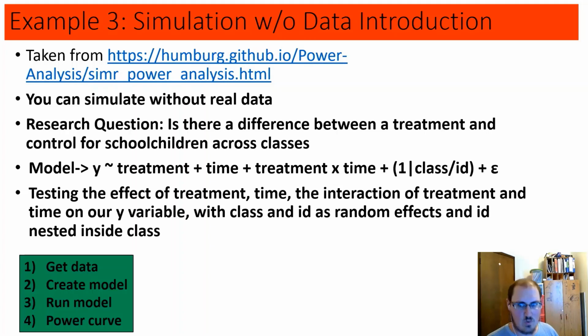So the model they'll be creating is y, whatever our response variable is, as a function of treatment and time, and the interaction of treatment and time, and then class as a random effect, and also ID, which is nested inside class. So we'll get data, create model, run model, and do power curve as always.